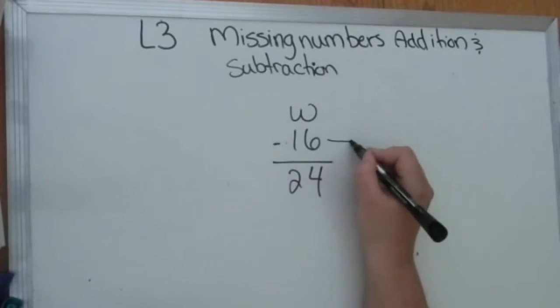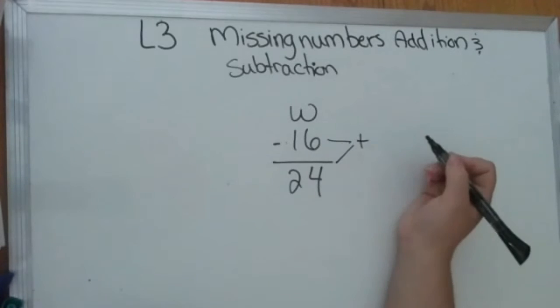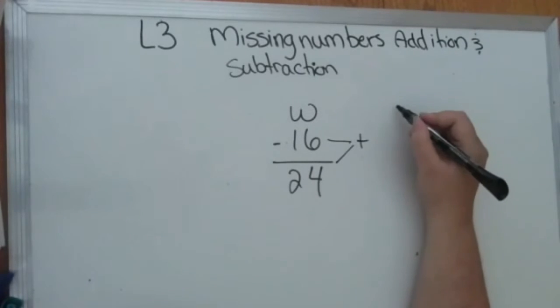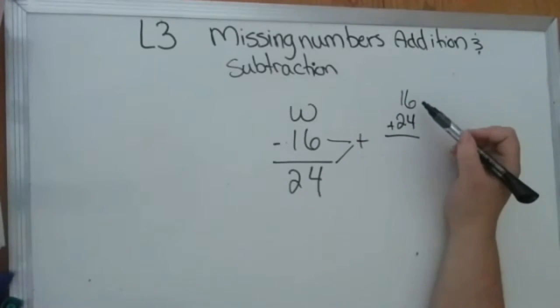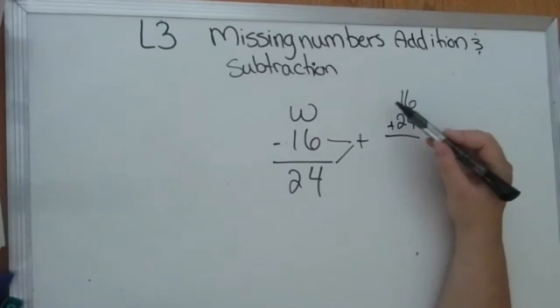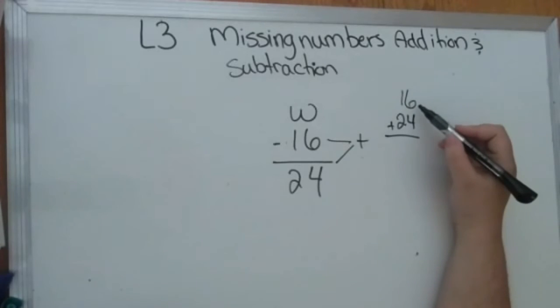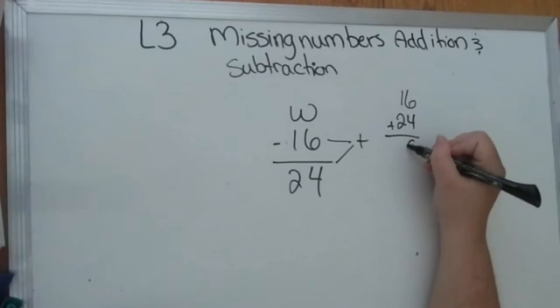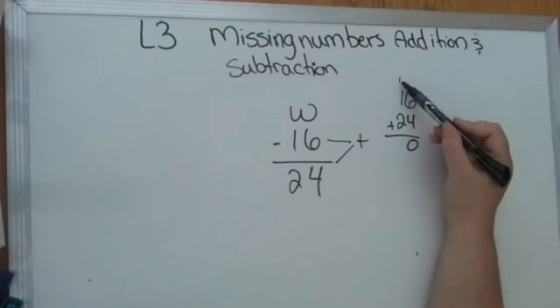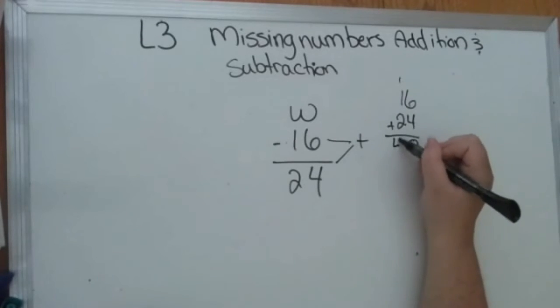Because I know this, I can take these 2 numbers and add them. So I'm going to take 24 and 16 and add them together, and I'm going to get my missing number. So that is 6 plus 4 is 10. That is 2 plus 2 is 4, so that is 40.